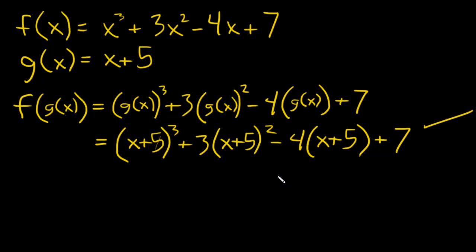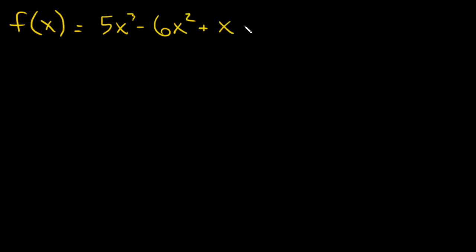Now, let's work the problem again, but let's use slightly different variables and numbers just so we get some good practice. Let me clear this. Let's make a nice complicated one. f of x is equal to 5x cubed minus 6x squared plus x minus 4. g of x is equal to, let's go with 7x cubed minus 3.